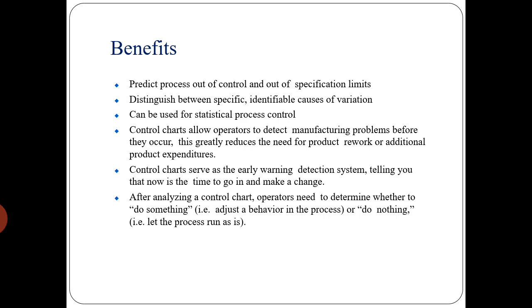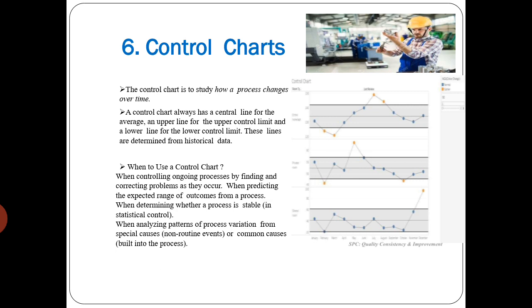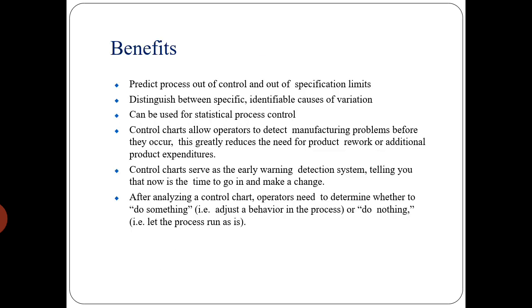So the operator should always monitor the control chart. Again, the data should be between the upper line and the lower line, so that the process is moving continuously and there is stability. We will discuss control charts in detail in the next session.